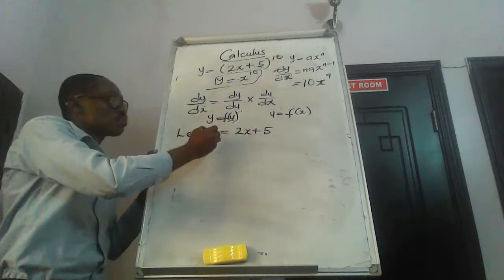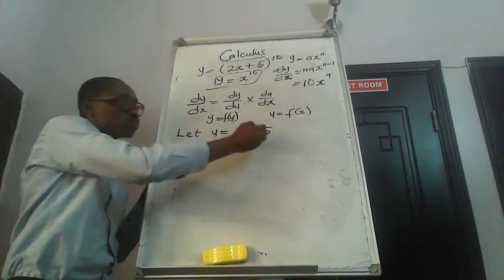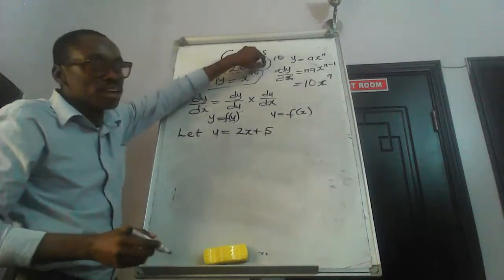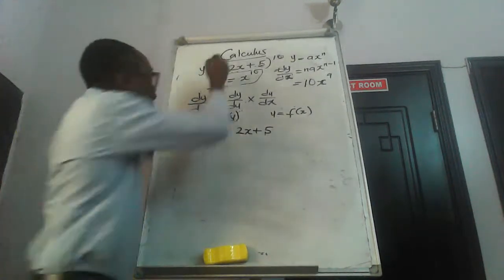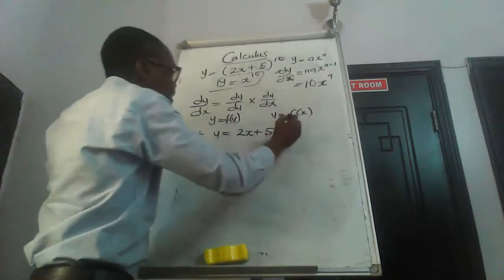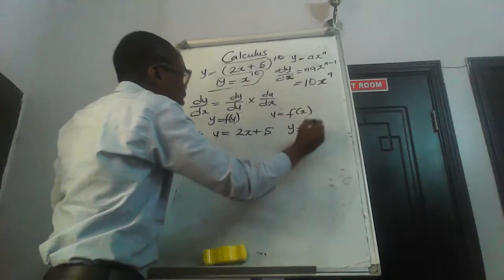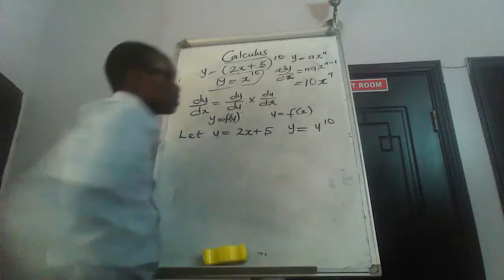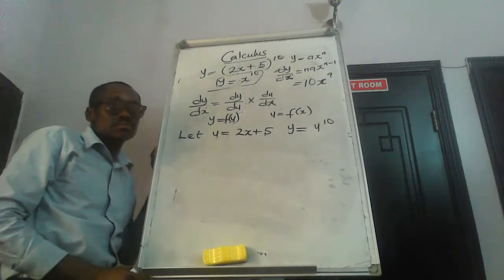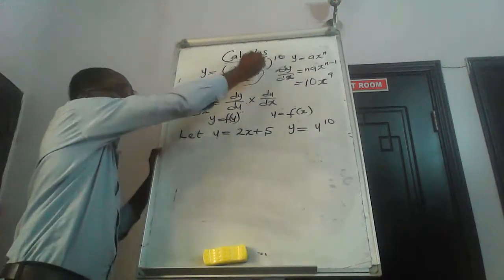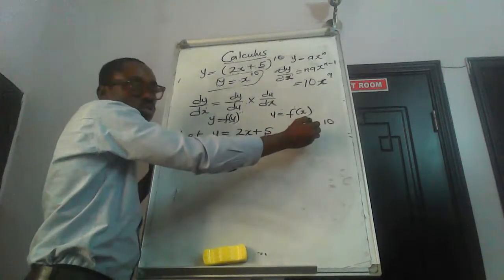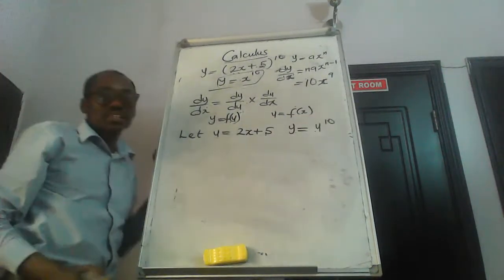Now, if u equals 2x plus 5, that means where you have 2x plus 5, you can replace it with u. So we can say that y is equal to u raised to power 10.